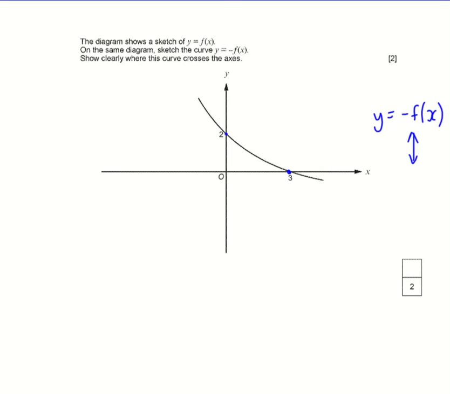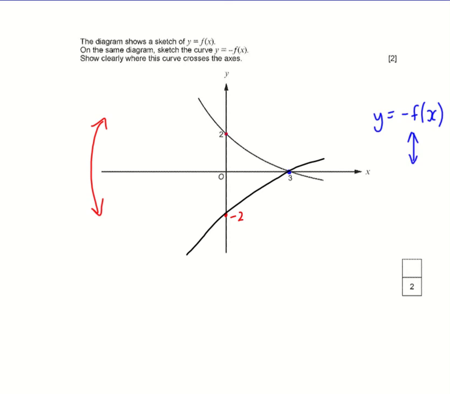But this coordinate up here, which is labelled as 2, well, that's going to have to reflect underneath. Remember, we're doing this. Okay, so 2 is actually going to become minus 2. And the graph, instead of coming down and going through 2, is going to come up and go through minus 2. And then it's going to do that.